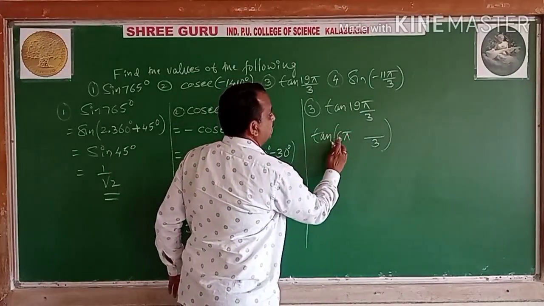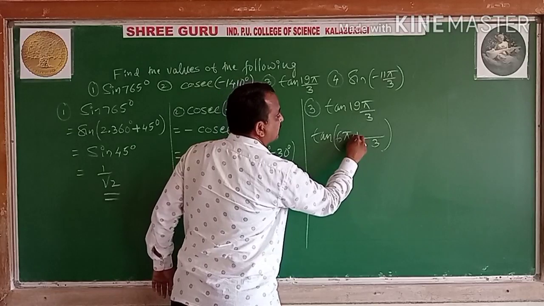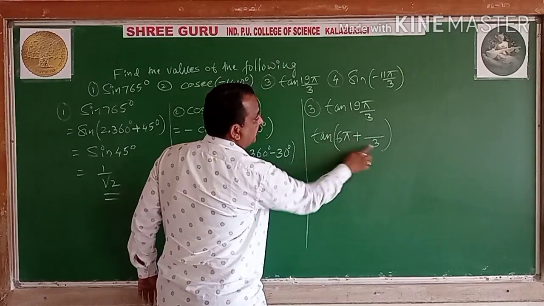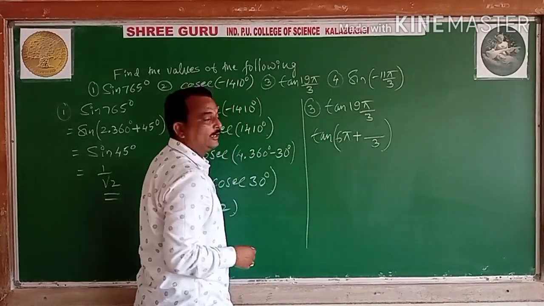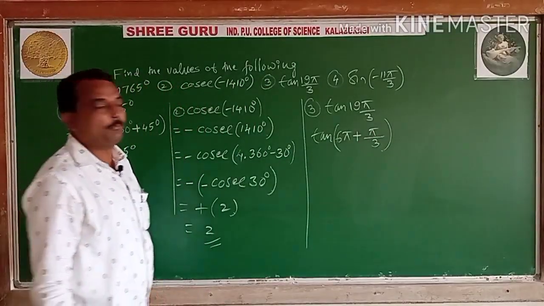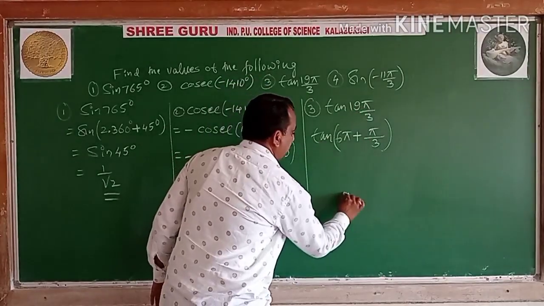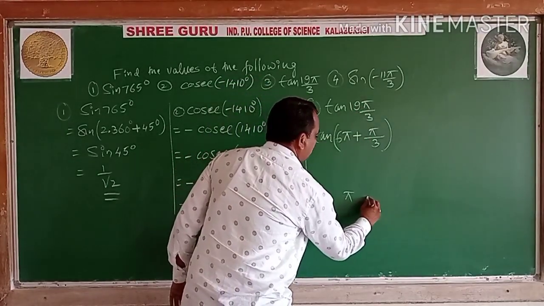So let us take 6 pi plus or minus. Here it becomes 18 pi, and you want 19 pi, so plus pi by 3. Is it 19 pi by 3? Same it is. See how I have taken it here. Either you may take plus or minus.